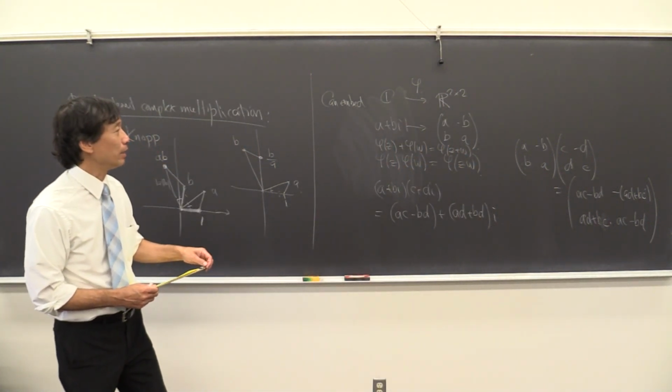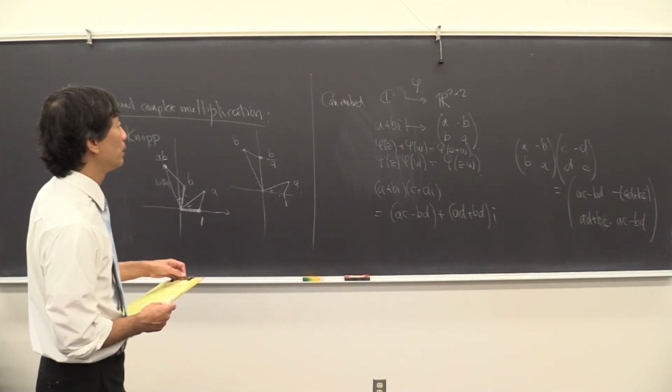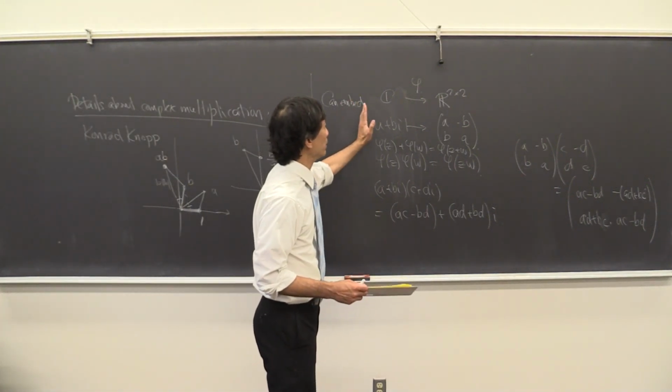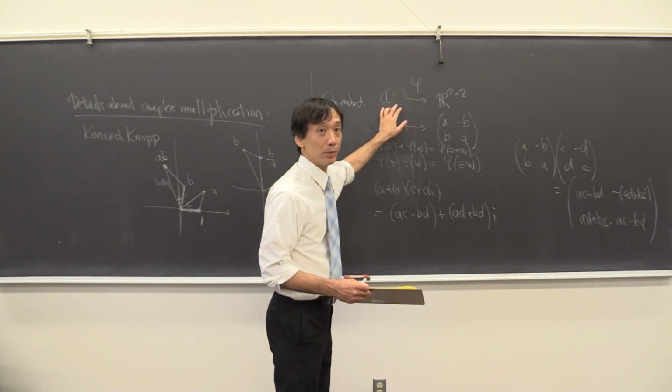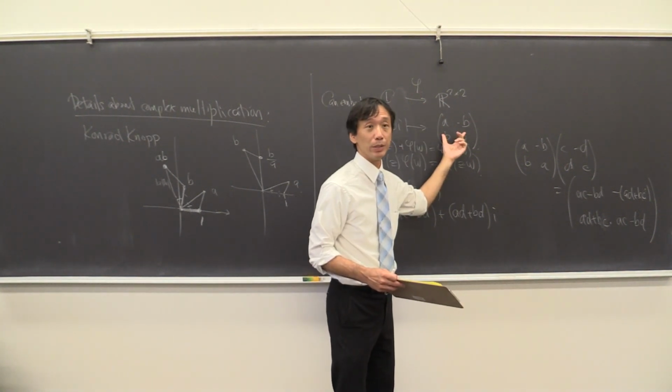Okay, right. So you get this map from the complex numbers into the 2x2 matrices, very specific kinds of 2x2 matrices.